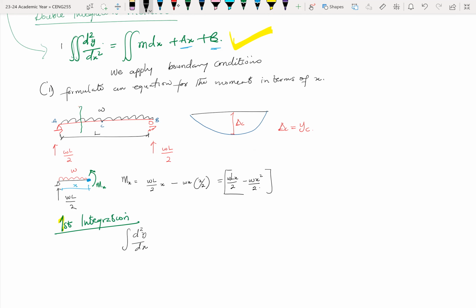I think I left my EI here, but it's fine. So EI dy/dx will be equal to the integration of WLx over 2 minus Wx squared over 2 dx.